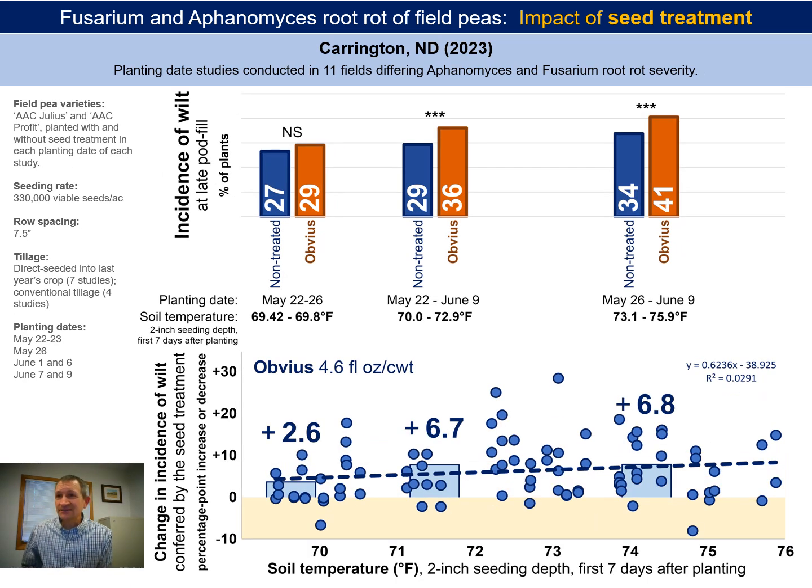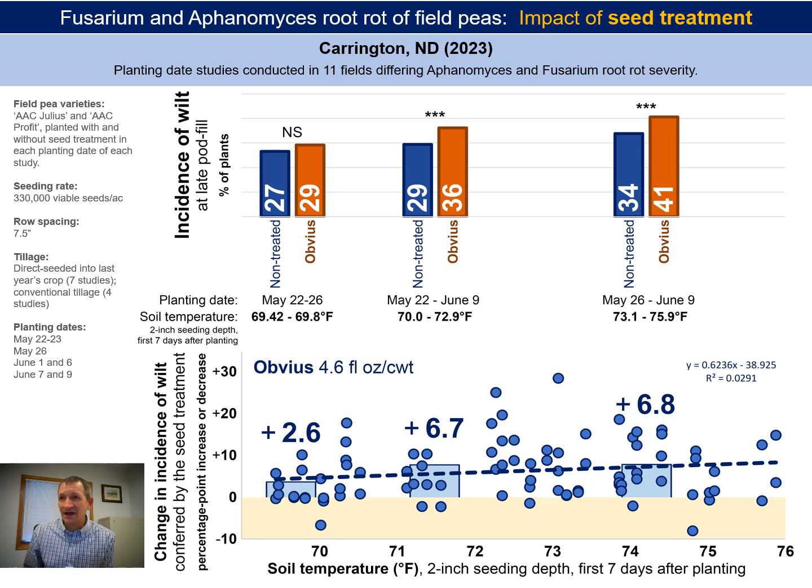We consistently saw an increase in wilted plants in the peas that received the fungicide seed treatment, and that increase in wilt increased with soil temperature. Again, these are extremely warm soils. I don't think you'll probably ever encounter that in a long-term no-till type field within the range of planting dates that you would consider.